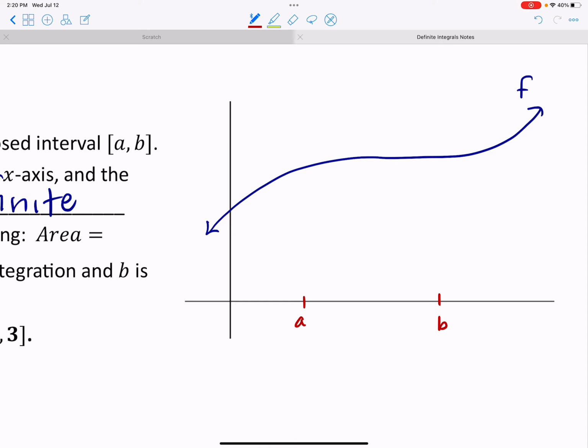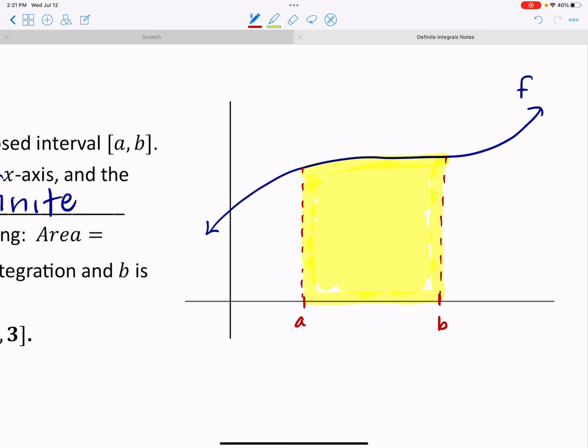When we're finding a definite integral, what we're finding is the area that is enclosed by the curve and the x-axis over this interval. So this is the interval we're looking at. The area in that interval between our curve and the x-axis, that area represents a definite integral.